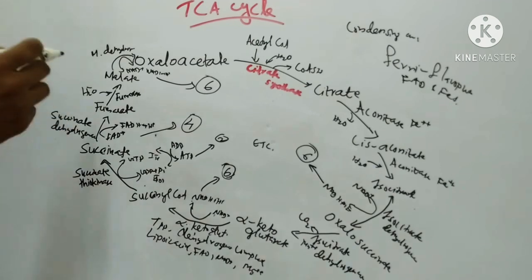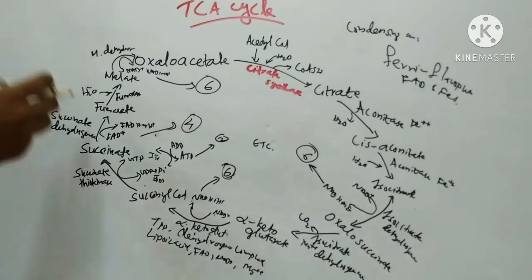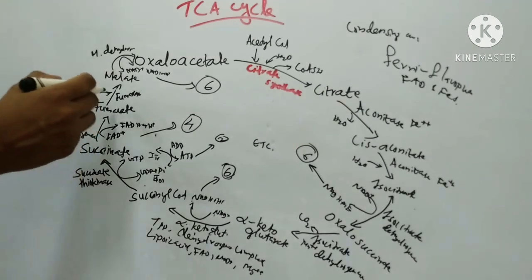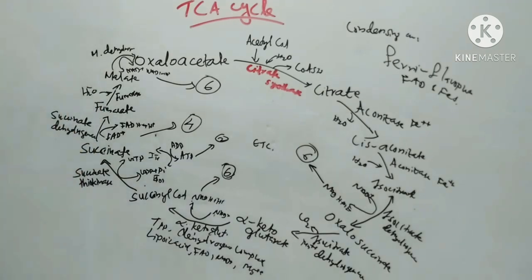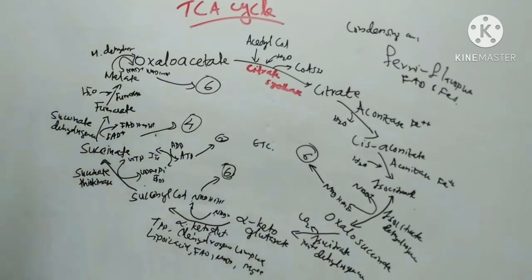This enzyme is bound to the inner surface of the inner mitochondrial membrane, that is succinate dehydrogenase. That is the reaction succinate to fumarate by succinate dehydrogenase. Here the H plus acceptor is FAD.